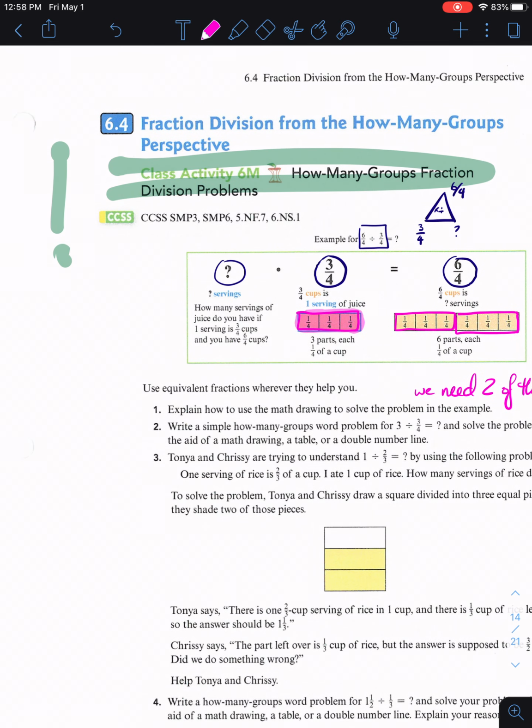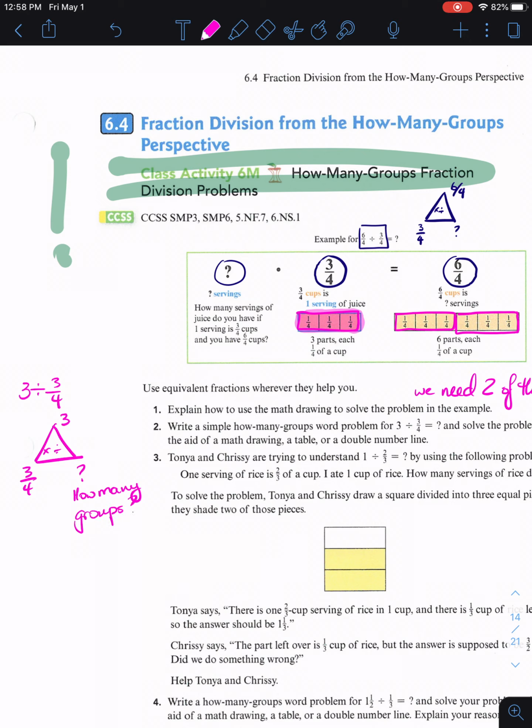Okay. So how about 3 divided by 3/4? So in this situation, we have 3 as our product and 3/4 and question mark. And we want to know how many groups.